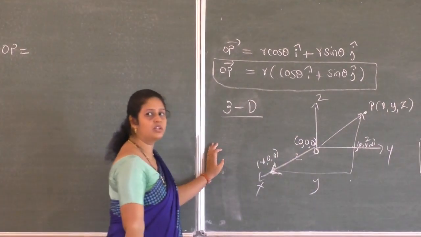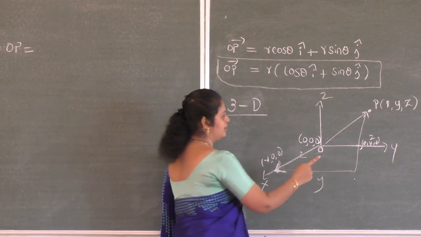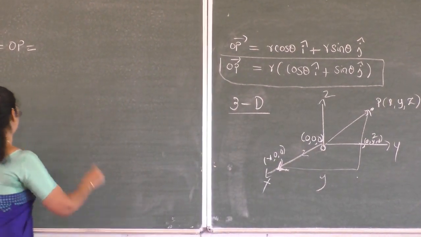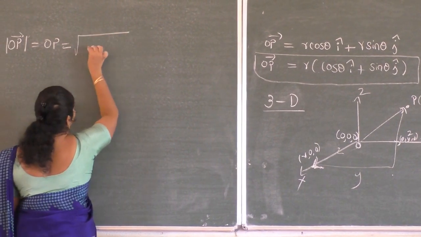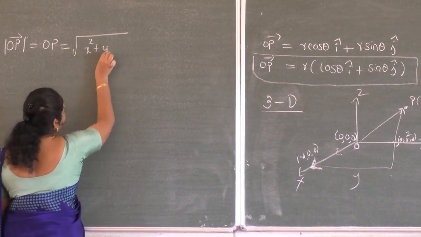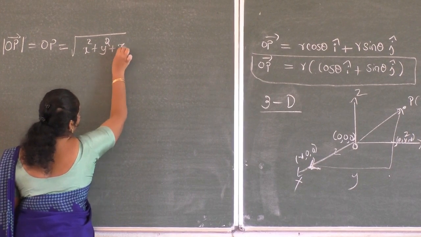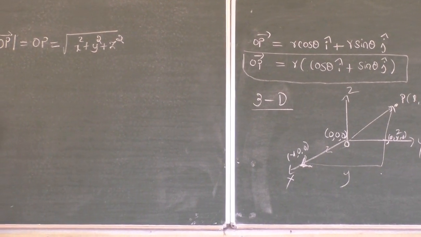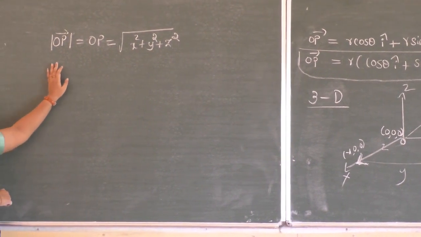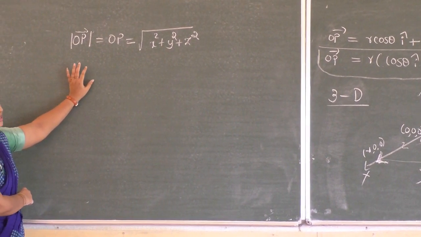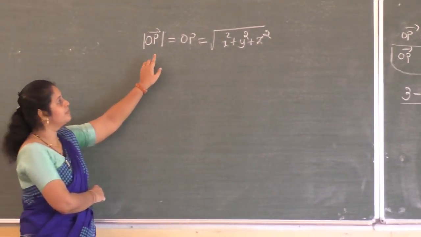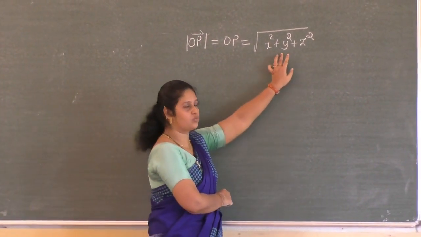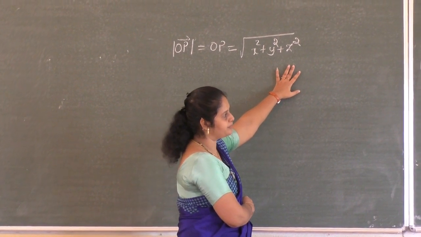Then the distance between these two points, using the distance formula, is equal to the square root of x square plus y square plus z square. So that is the magnitude of that vector. If the vector is the ordered triplet x, y, z, then its magnitude is root of x square plus y square plus z square.